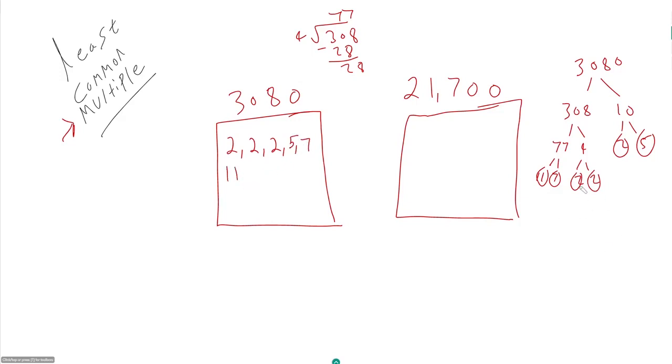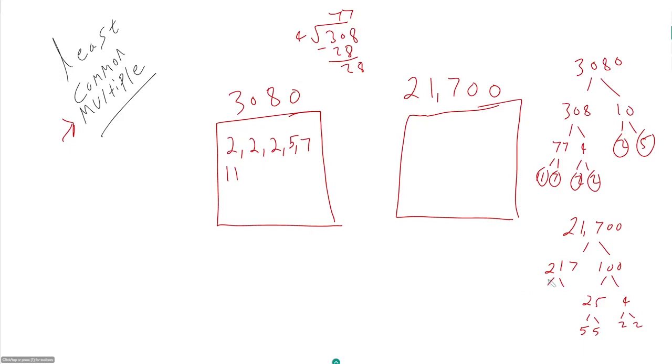What about 21,700? That's 217 times 100. This is 25 times 4. It's 2 2s and 2 5s. What about 217? Is that prime?